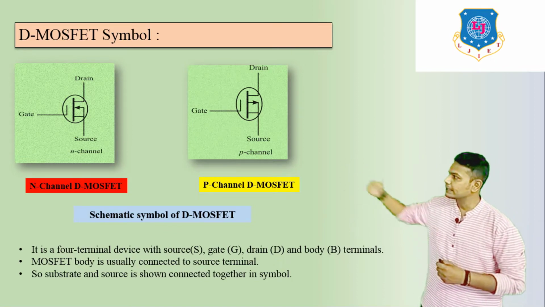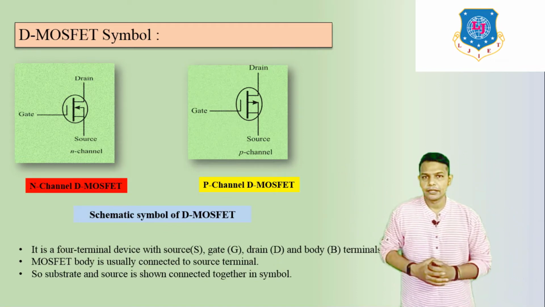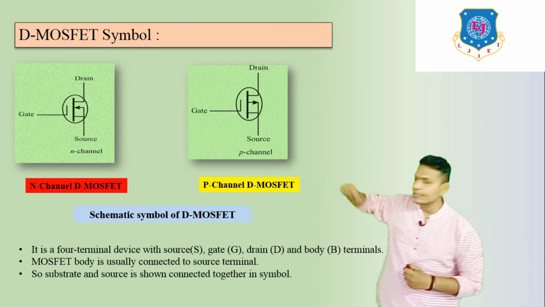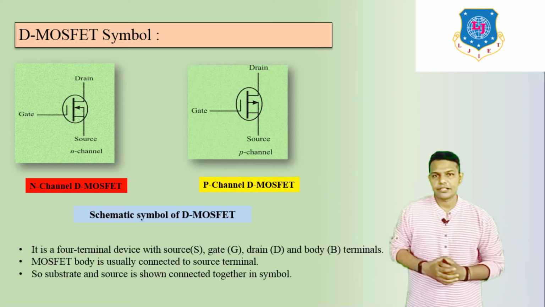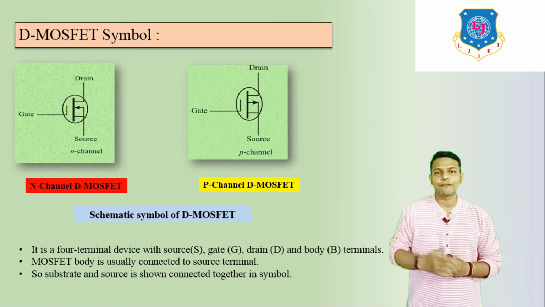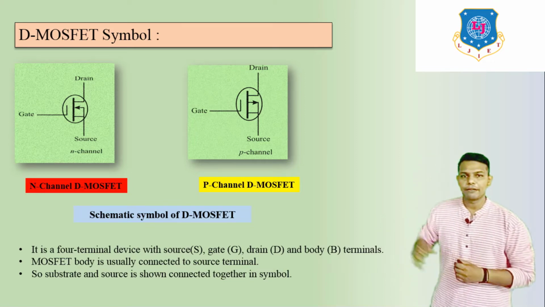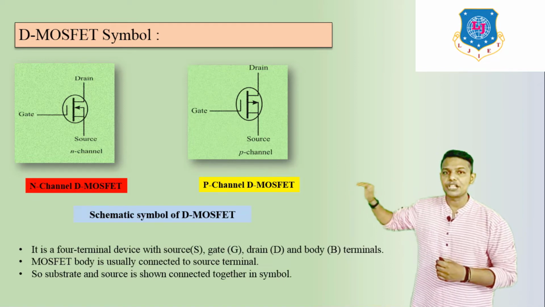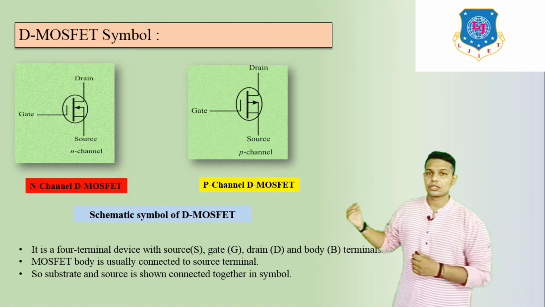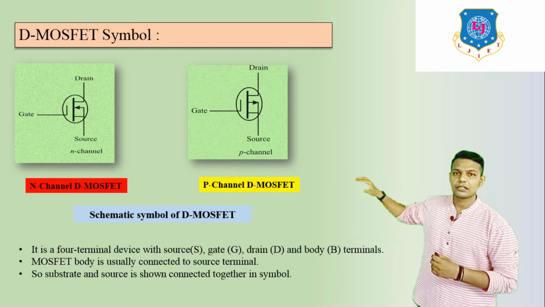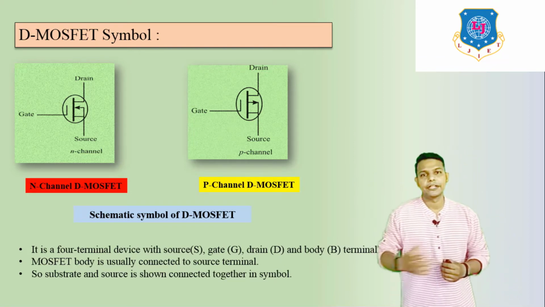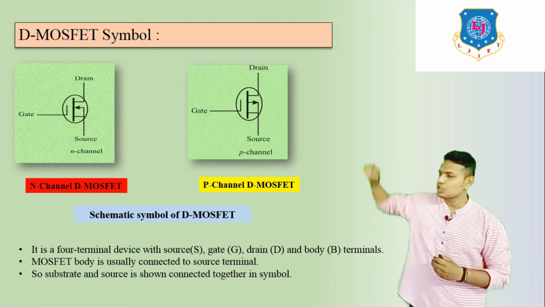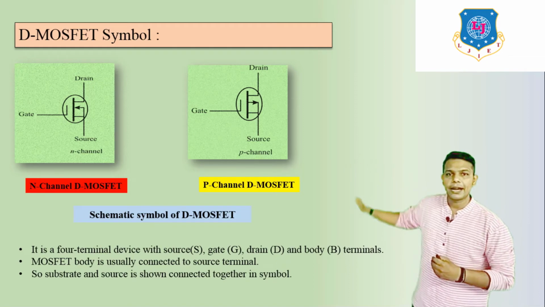Here we can see these are the symbols of D-MOSFET. This is the P-channel D-MOSFET symbol, and there we can see the N-channel D-MOSFET symbol. There is a small difference between N-channel and P-channel. If the arrow goes inside, it is known as N-channel D-MOSFET, and if the arrow comes outside, that represents P-channel D-MOSFET. There are similar three terminals: drain, gate and source.